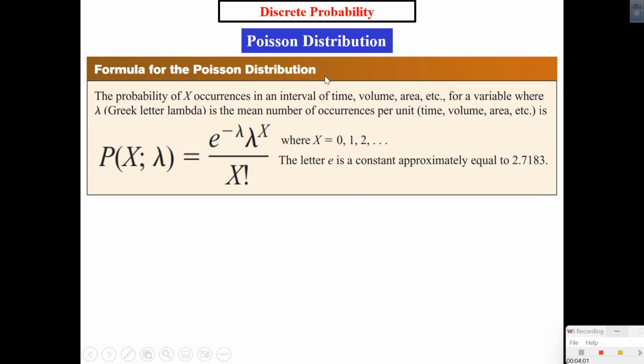Basically, this distribution is used, let's see, binomial, we said that it's 2. And then Pedro said the multinomial is more than 2. Poisson distribution is used when there's more than 2, but there's greater amounts of numbers involved.